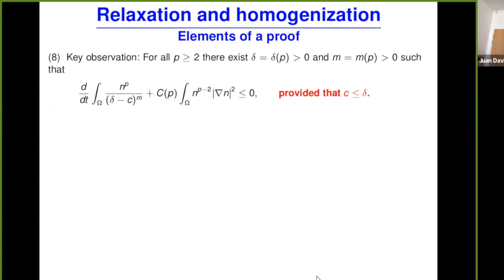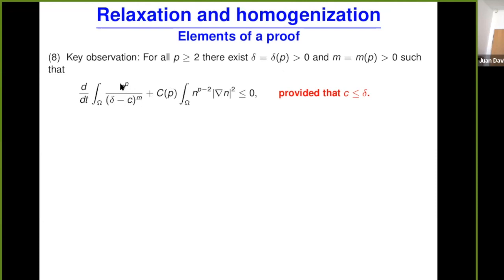Once it is small, it gives rise to a genuine, real energy inequality, which is of this strange form here. You differentiate a functional, where you can take p equal 2 here, so it's n squared, quite usual, but you divide by something which is evidently well defined only for small c, because delta is not arbitrary here.